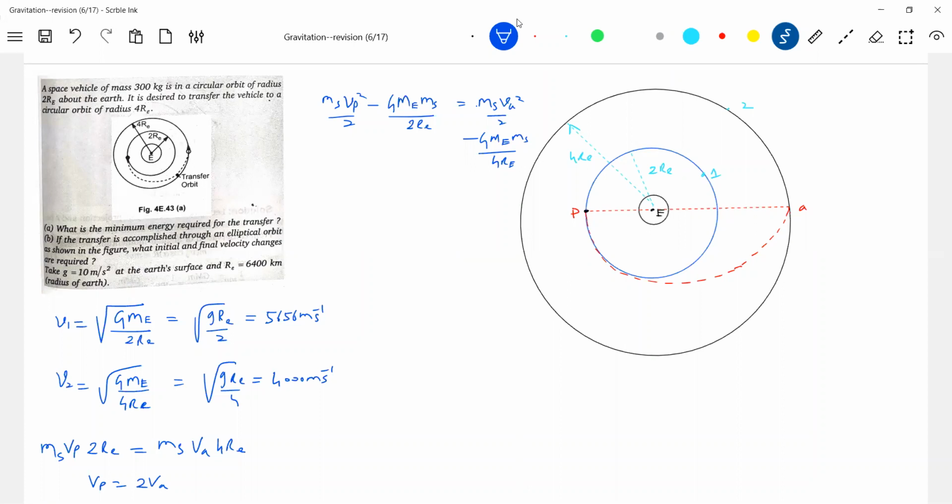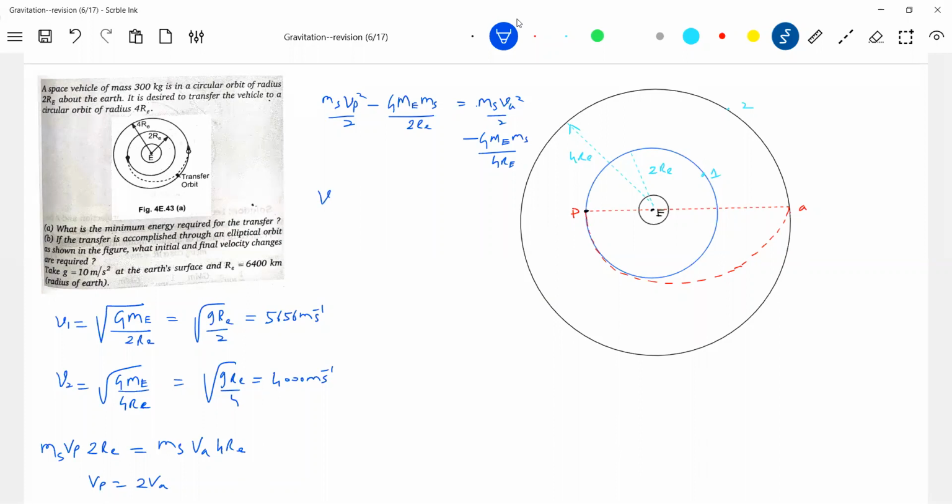I think directly you can also bring V1 square here, no? GMEMS into RE. So you can bring it in terms of V1, V2 also, or in terms of GRE. One RE, you adjust it here. MS will anyway get eliminated.